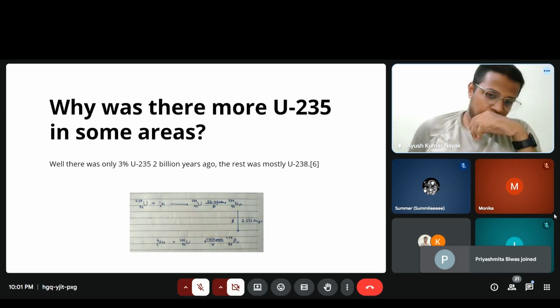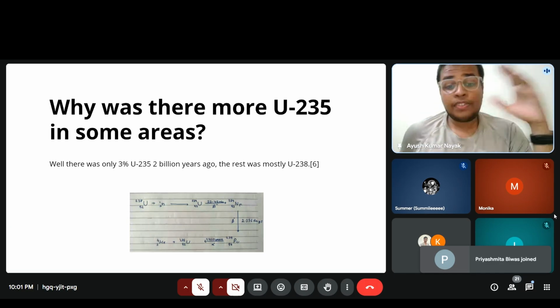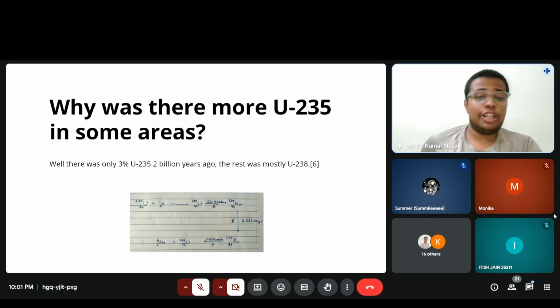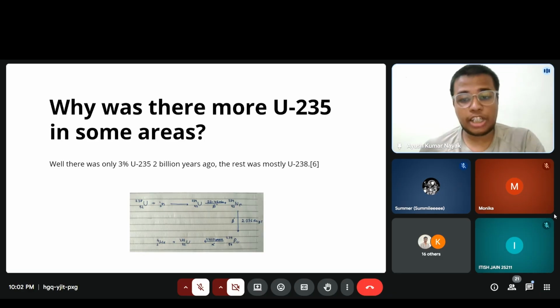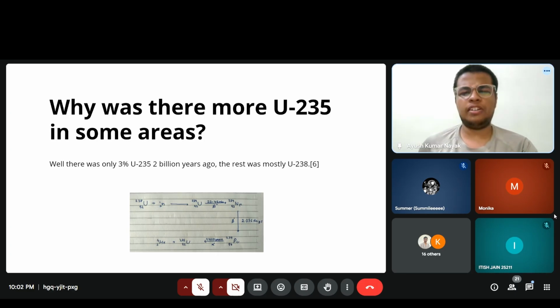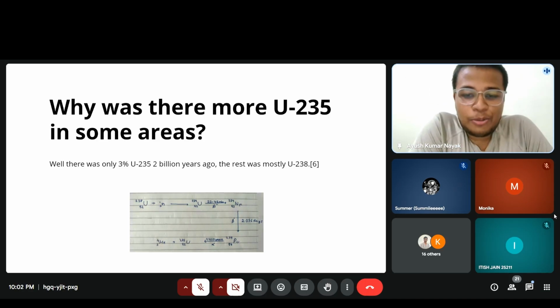So when uranium 238 absorbs a neutron, it converts to uranium 239, and roughly 24 minutes later, it undergoes beta minus decay and becomes neptunium 239, which again undergoes beta decay, and within 2.356 days, it becomes plutonium 239.